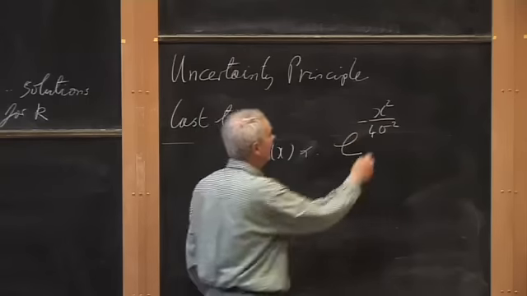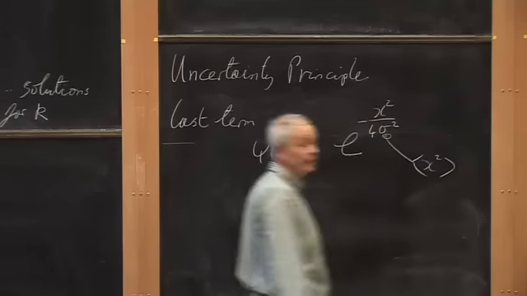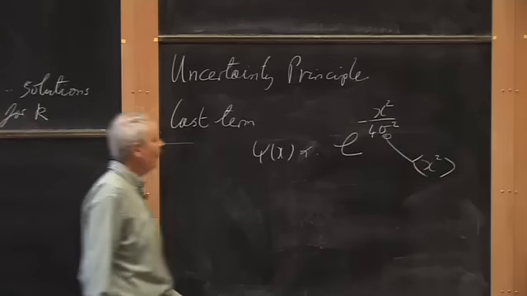So this thing here is the expectation of x squared. Right? That's what sigma squared is from that formula. And what did we find?